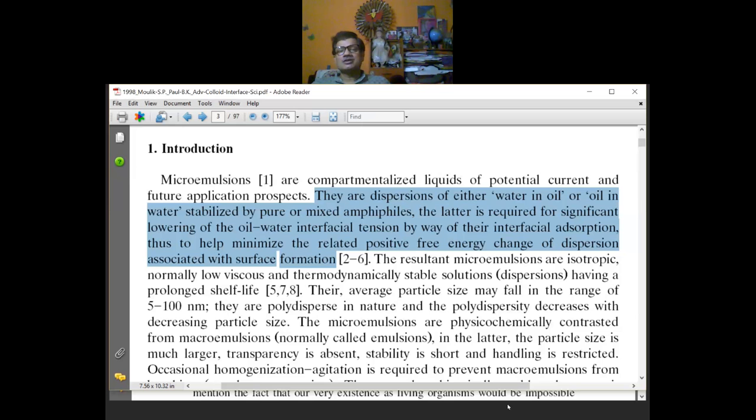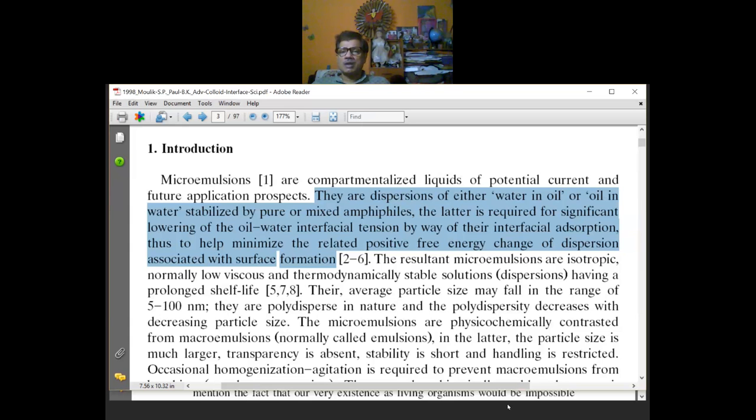The short chain alkanols or short chain alkyl amines are used as an additive to stabilize the surfactant, and these are called co-surfactants.